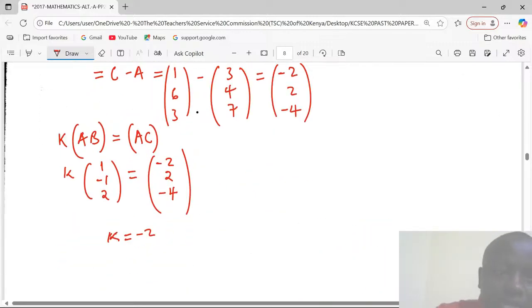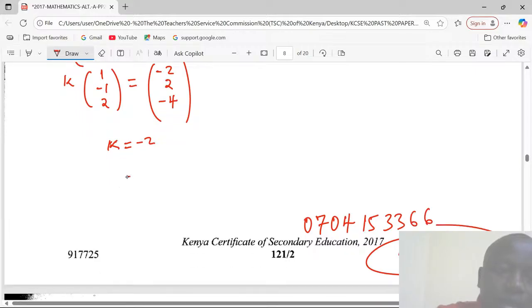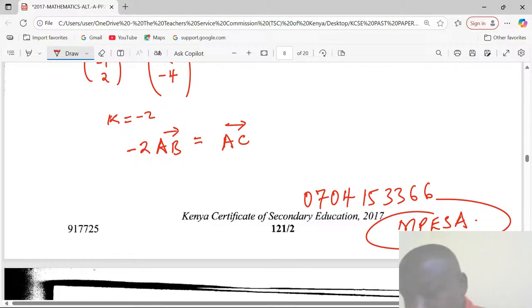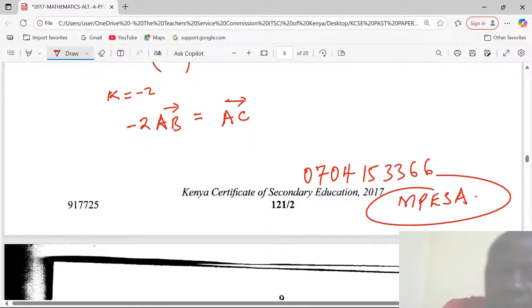It means that negative 2 times vector AB gives us vector AC. To show that one vector is a scalar multiple of the other means they are parallel. So in this case, vector AC is parallel to vector AB.